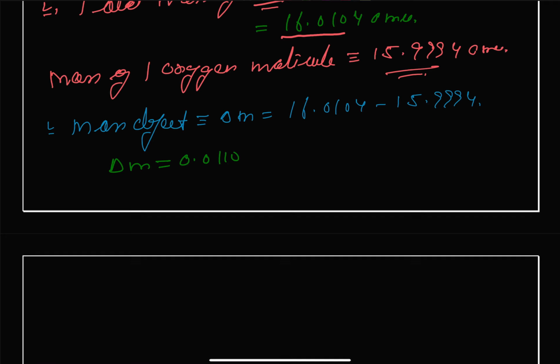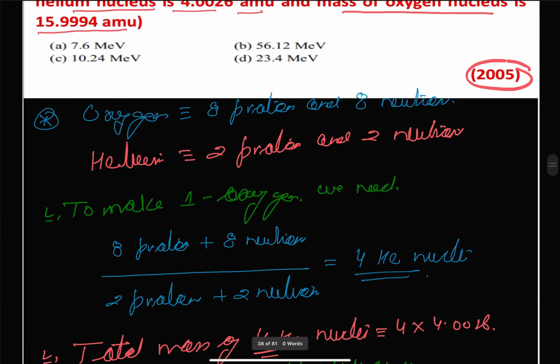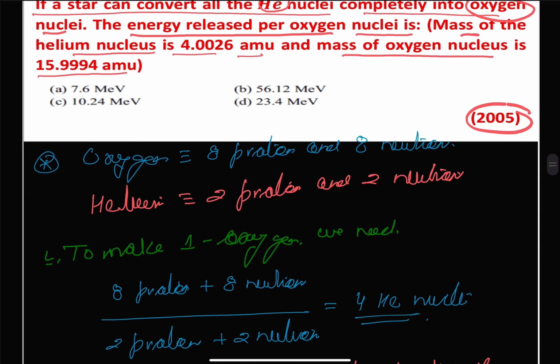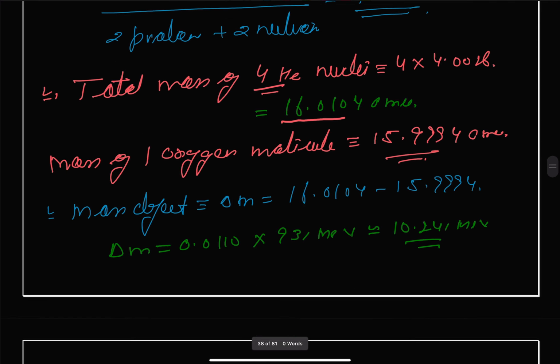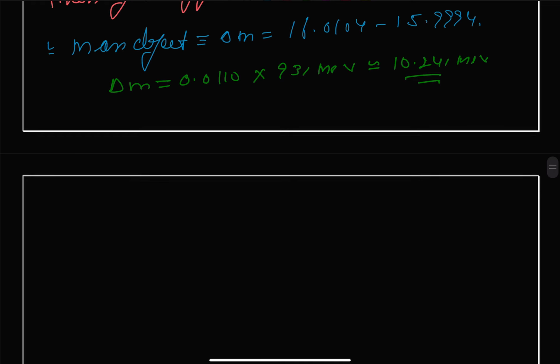We can convert this to mega electron volt by multiplying by 931 mega electron volt, and this comes approximately equal to 10.241 mega electron volt. So option number C is correct. C is correct. Next question.